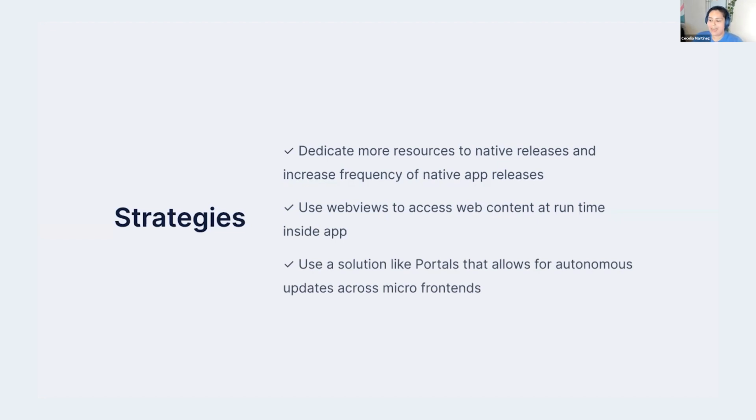So the native team and the web teams could all deploy autonomously and work together without needing to bundle everything at build time. You're still doing build time releases for your native application, but any changes that happen to web could be pushed separately. So by the time a new native version is required to be released, those have already been incorporated for the user, and there's less of an update experience that takes place.